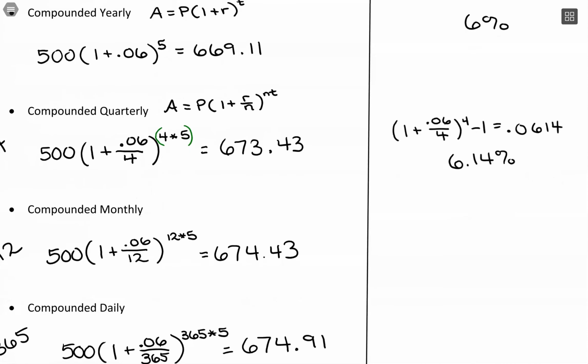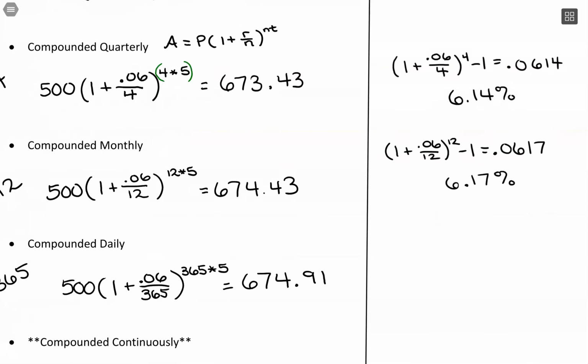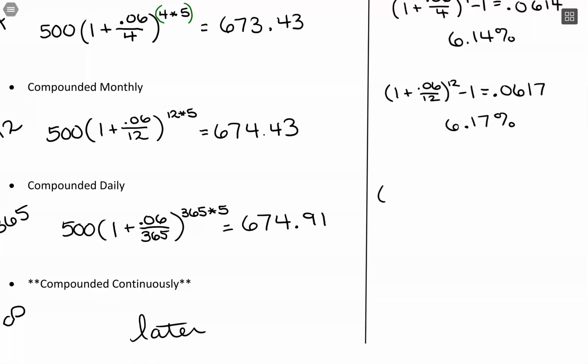For compounding monthly, similar idea of 1 plus 0.06 divided by 12 to a power of 12 minus 1. That'll give us a 0.0617. So that account is actually growing by 6.17% each year. And then compounding daily, 1 plus 0.06 divided by 365 raised to the power of 365 minus 1 for a 0.0618.